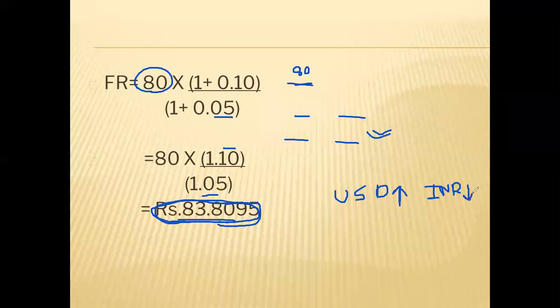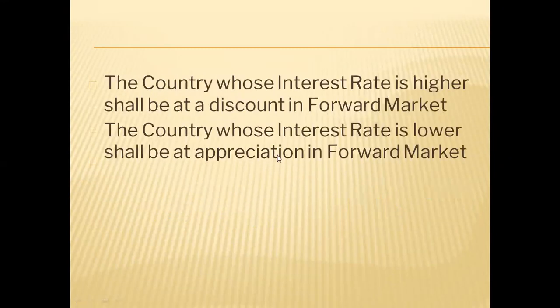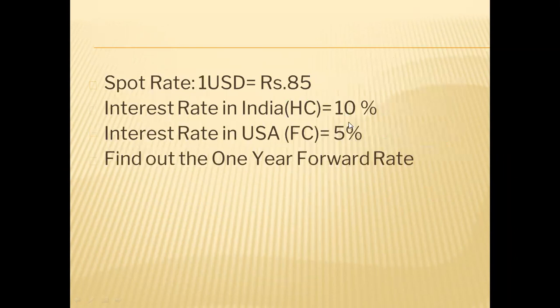If one currency is increasing, automatically the other currency's value will decrease. So see, we have proved this theory mathematically also. The country whose interest rate is lower will appreciate in the forward market. The same thing we have proved here also. US dollar's interest rate is lower, so its value increases.